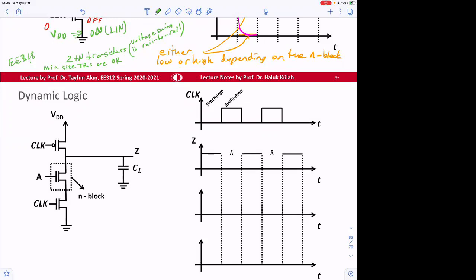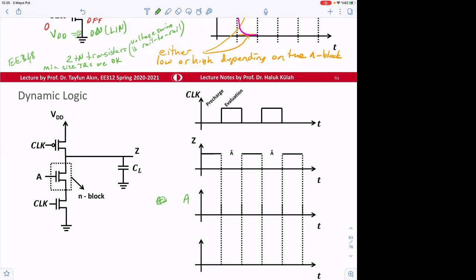I don't know why these are entered here. So when A is, okay, I guess it's shown here. This is the case when A is equal to, so let me do this. Okay, let's do this. This is A.